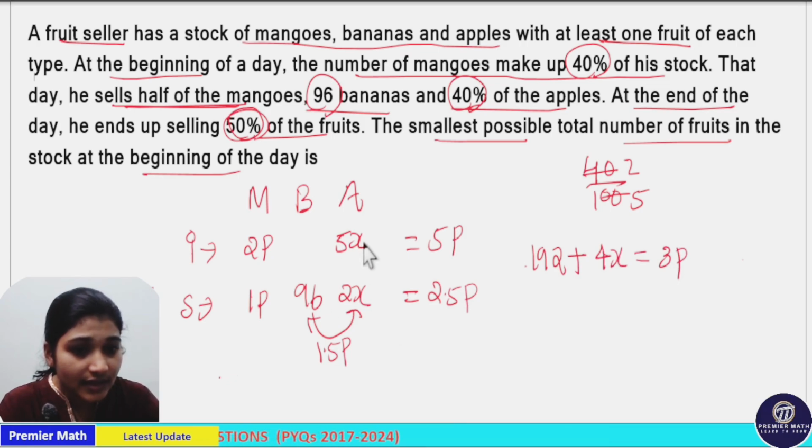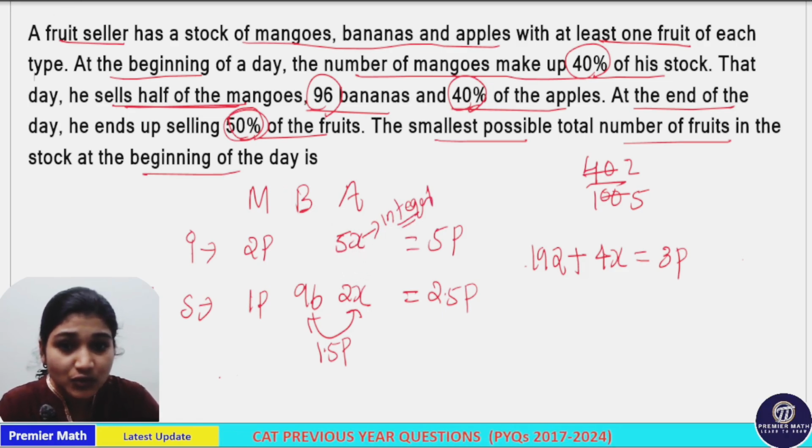Now here x should be an integer because the number of apples is an integer.